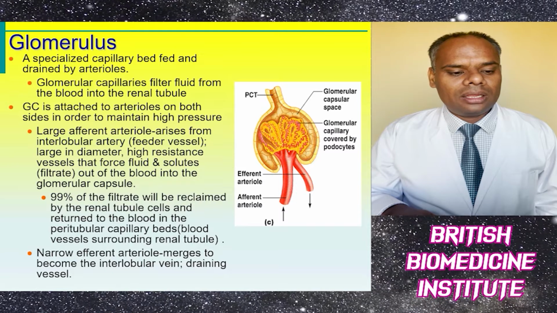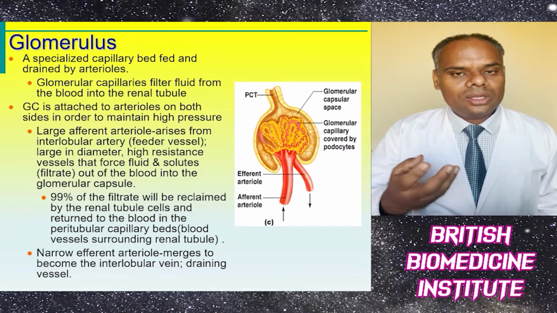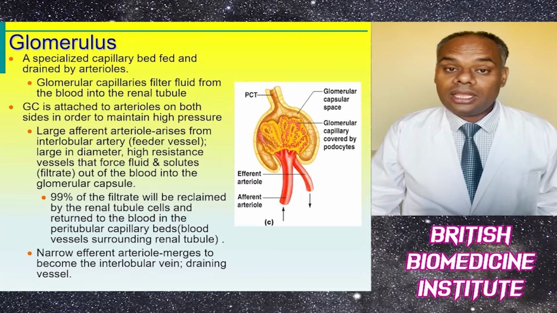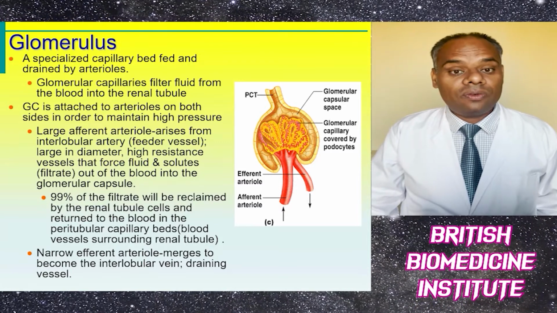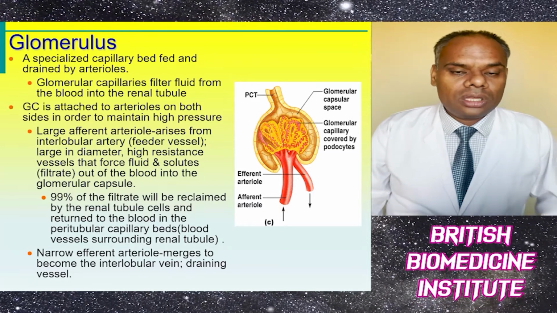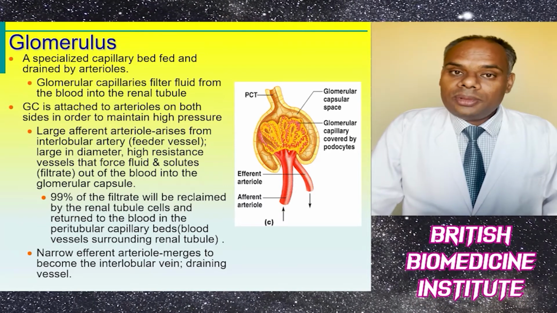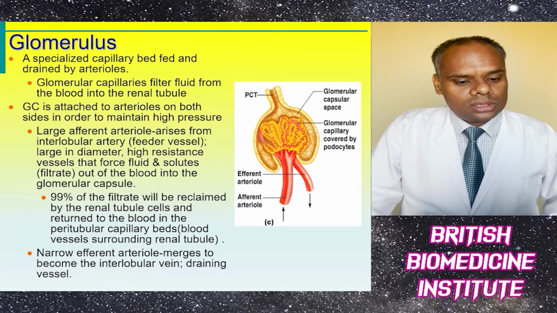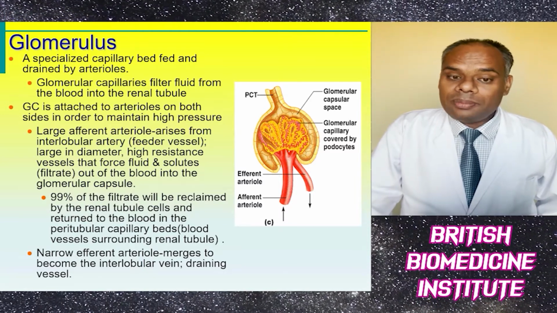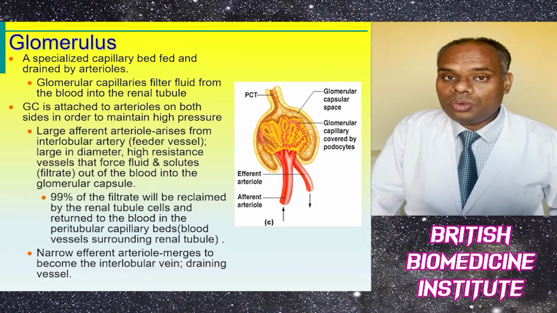Large afferent arterioles arise from intralobular arteries, which we can say are feeder vessels. They are large in diameter, and they are high resistance vessels that force fluid and solutes out of the blood into the glomerular capsules. 99% of the filtrate will be reclaimed by the renal tubule cells and returned to the blood in the peritubular capillary bed, or we can say the blood vessels which surround the renal tubules.